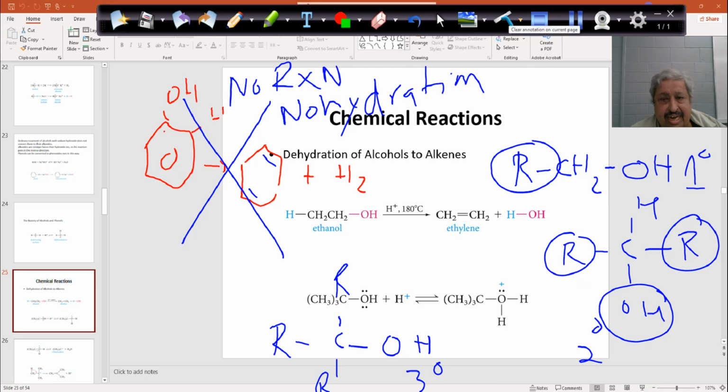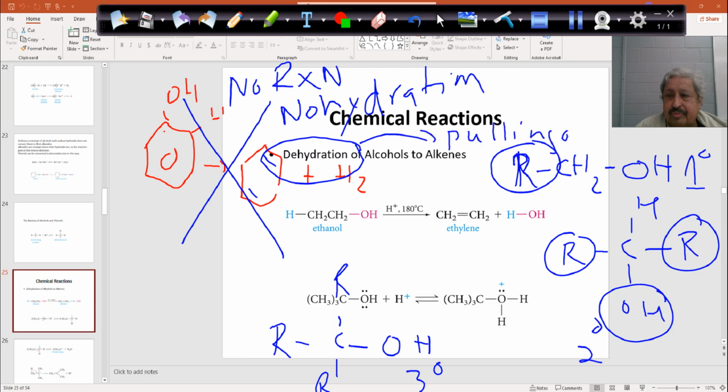So let's look at the dehydration of alcohols. Again, because of the small R, not a phenyl group or benzene ring, it is easy to dehydrate, meaning pulling hydrogen plus OH, pulling H2O out of the molecule, making a double bond.